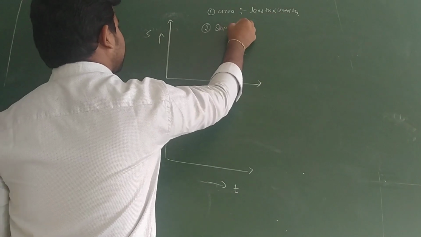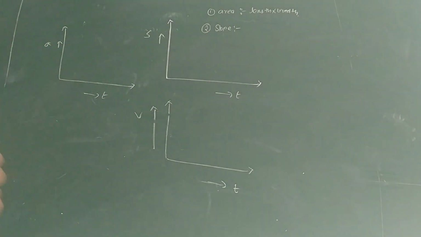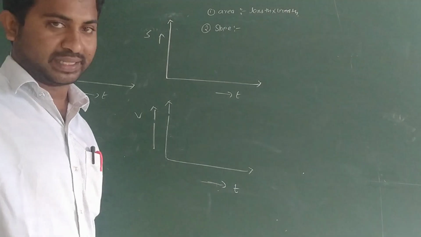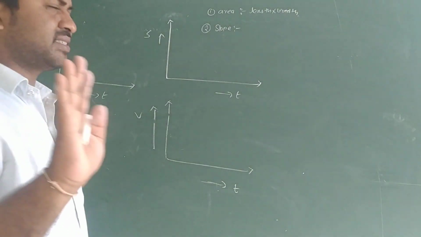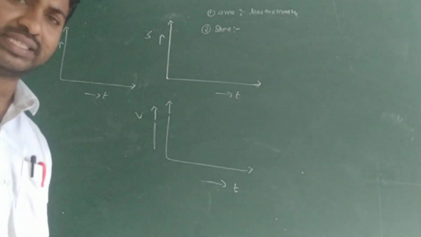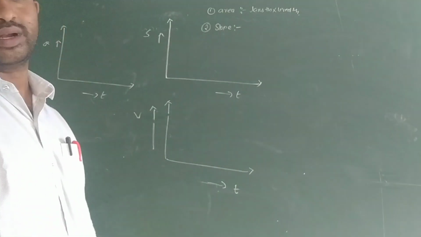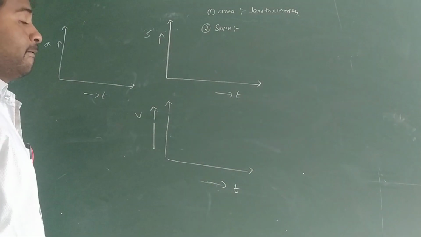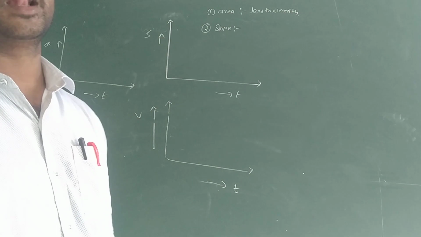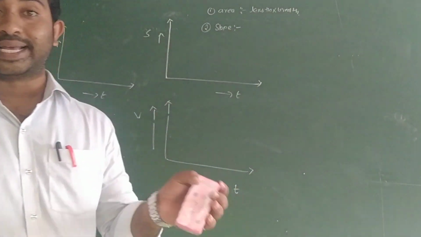Next, slope. To determine slope we can choose two different methods. In most cases in CBSE we choose only one, that is y coordinate by x coordinate. That is the slope for any graph. But in foundation, we can choose another method also.